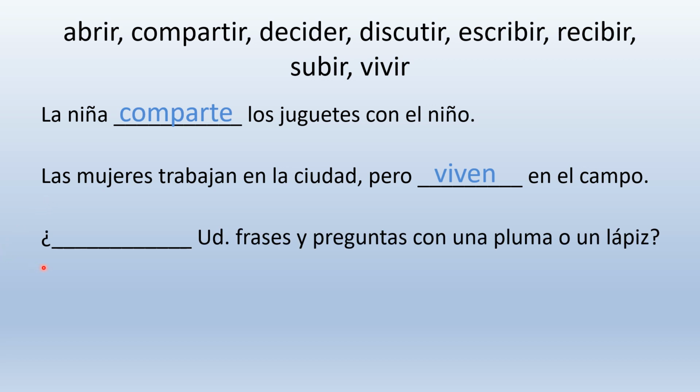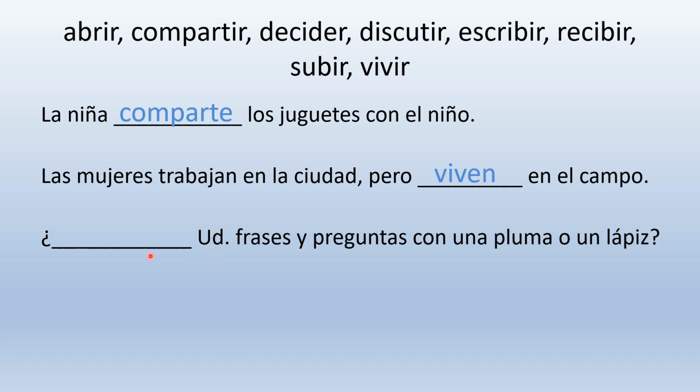Our next example is a question. Blank usted. Remember, this is how we can abbreviate usted with a capital U, D, and period. And this is the formal way that we express you, singular. So speaking to someone we don't know too well, we would probably use usted.